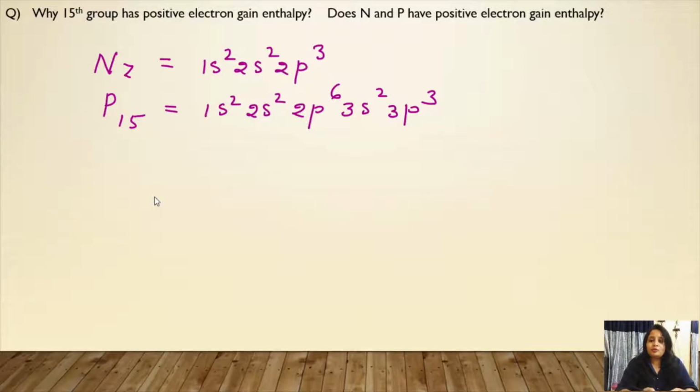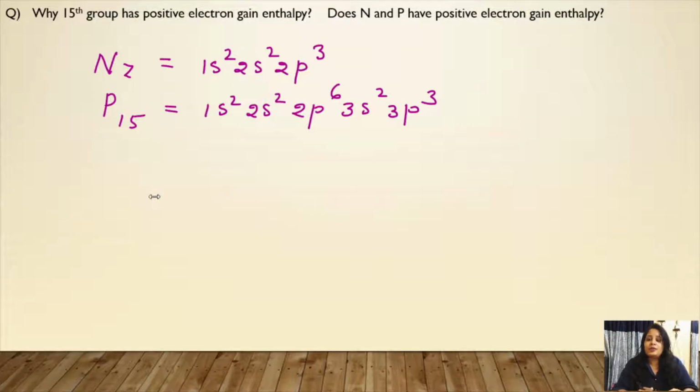Now come to the point positive and negative. Here we are talking about positive. Why is nitrogen and phosphorus positive? So usually the electron gain enthalpy should be negative. Negative means the energy is released. So adding an electron and energy is released is a normal condition, but sometimes there will be a positive electron gain enthalpy.